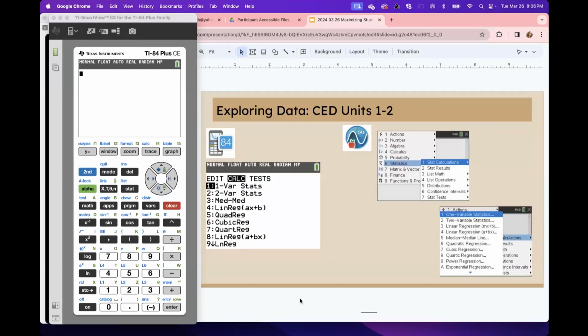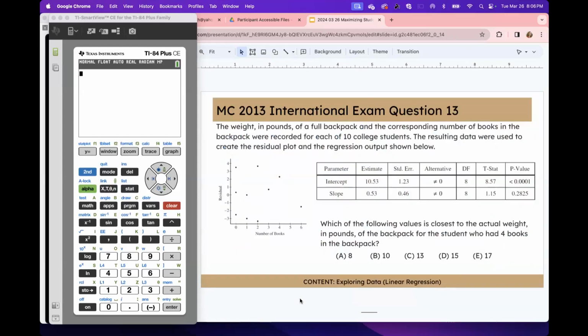And the question that we have for you is a multiple choice question from 2013. We had to decide for each question which calculator we're going to use, but it really does not matter which calculator you use. We made a decision to go with one versus the other, but in our slides, you will have screenshots available to you for both calculators.